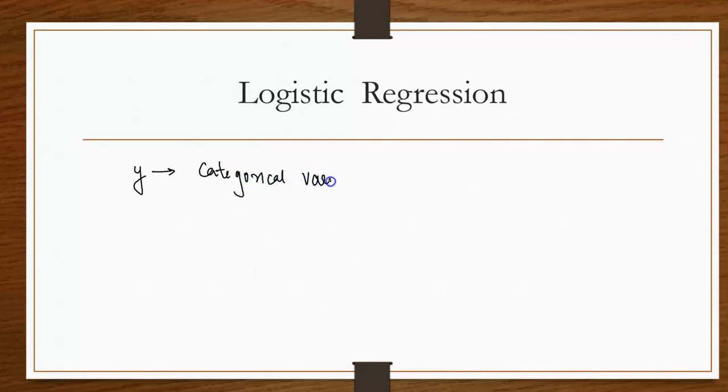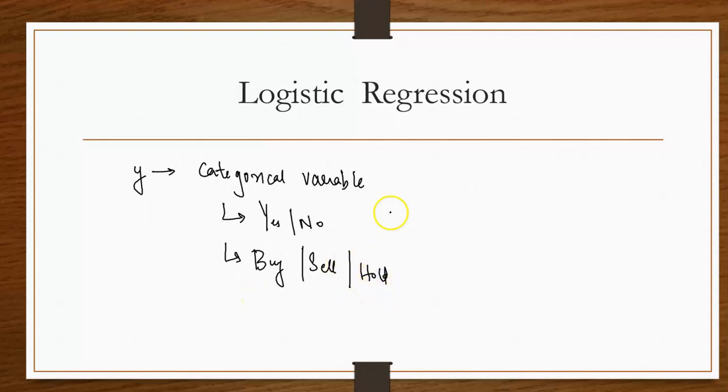Categorical variable actually means the output variable is a category, that is, it can be either yes or no. Or another example, in the case of stock market, whether we have to buy a share, sell a share, or just hold it. We can have three different categories in this, but normally logistic regression is used for binary prediction.